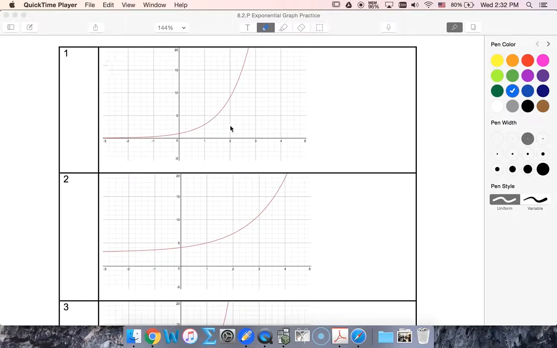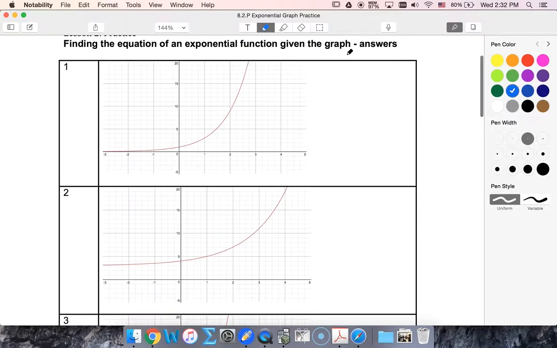So remember, our exponential functions have a general equation of y equals k times a to the x plus c. And in this general equation, my c value gives me my asymptote.